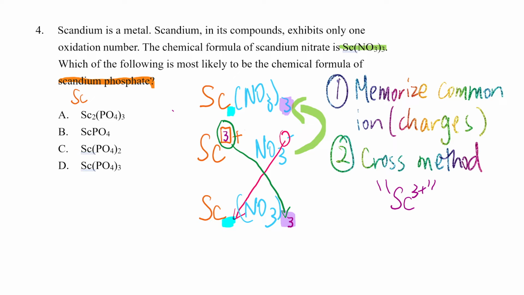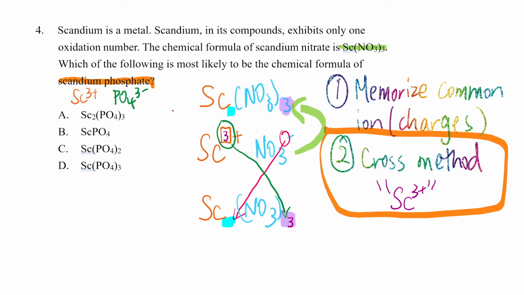Now, as I said, we need to memorize some of the more common ions and their charges. So phosphate here has a charge of, it's PO4 3 negative. Yep, PO4 3 negative. And now that I know the charge, can I find a chemical formula? Yep. And how? It's again with the help of the cross method.